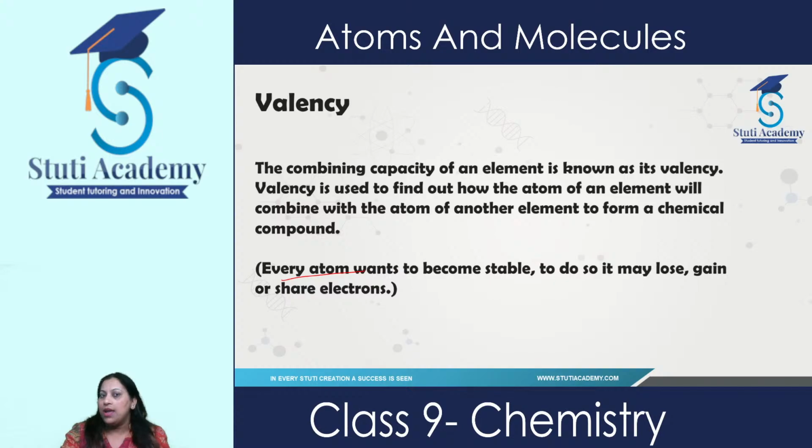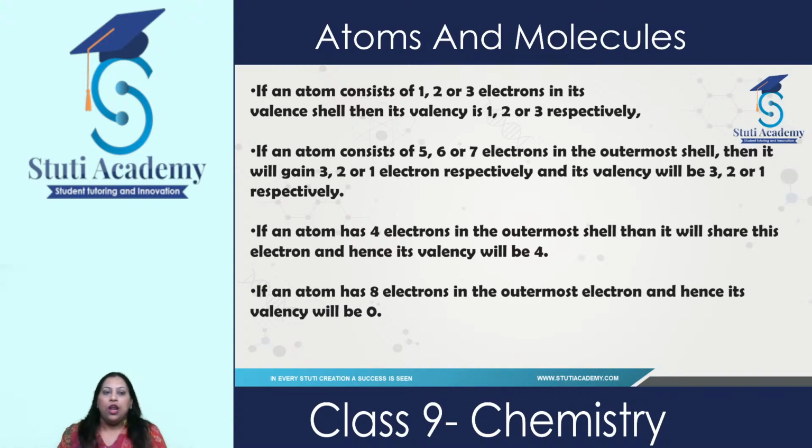That's why they lose or gain electrons from nearby elements. So I hope this is clear to you, valency. Now, if an element consists of 1, 2 or 3 electrons in its valence shell, then its valency is 1, 2 or 3 respectively, which I have just explained. I have taken the example of aluminium here.